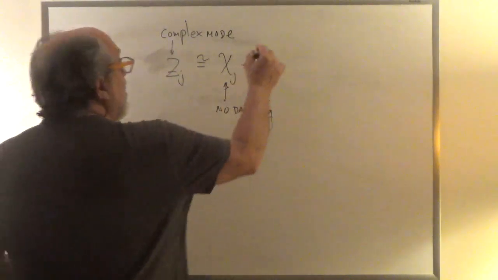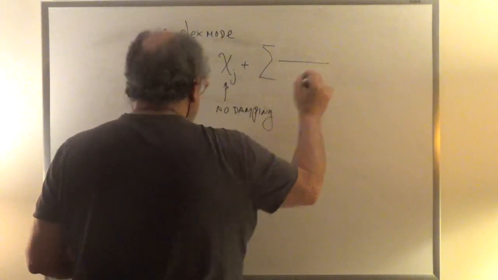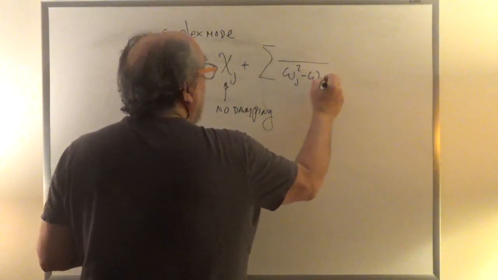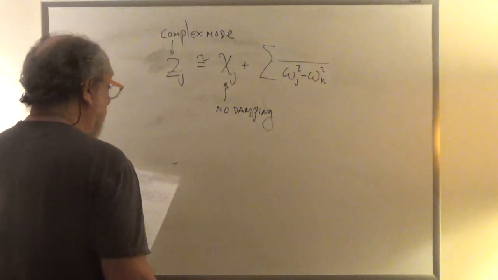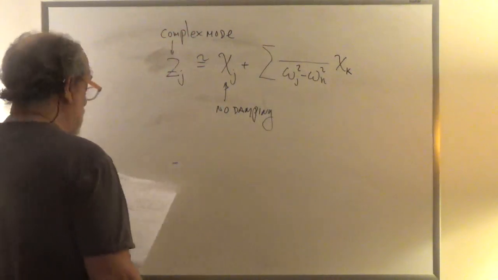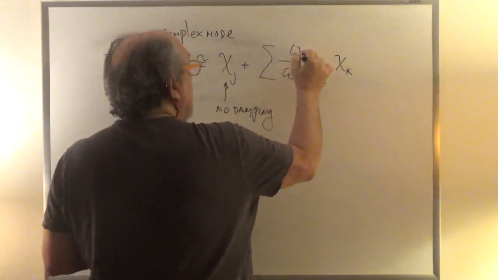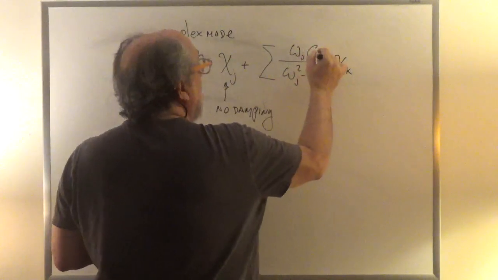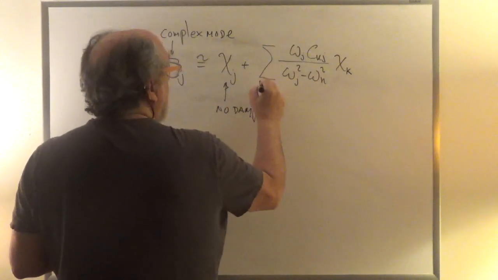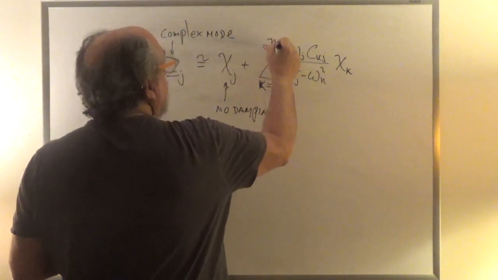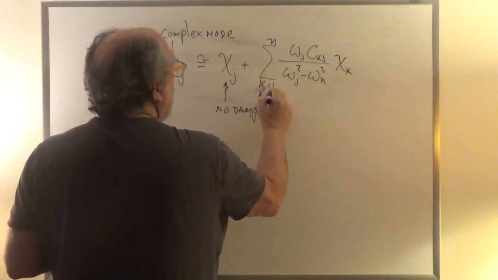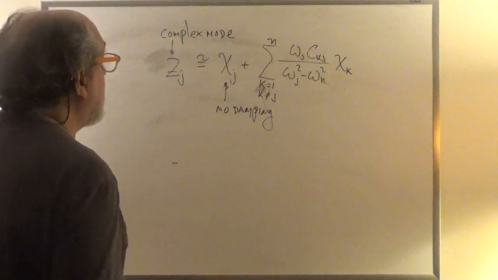Plus something that has a denominator which is omega j squared minus omega k squared. And over here multiplies all the other modes. And this is omega j times ckj. And this summation is from k equals 1 to n, where k is not equal to j. That's the second time I put the formula.